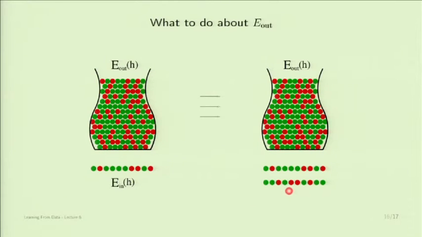Now let's say I look at these two samples and give them names. I'm going to call this E in and this E in dash. They are both in sample, it happens to be a different sample. My question is, does E in track E in dash?